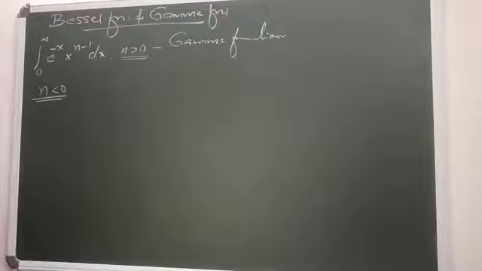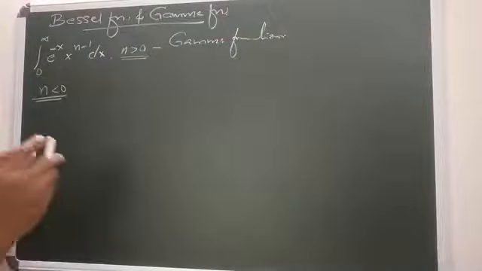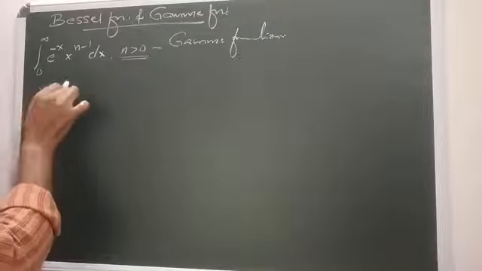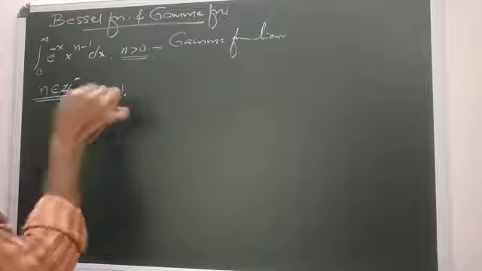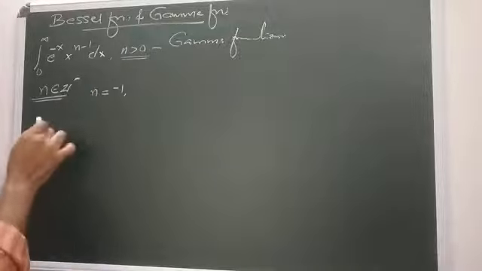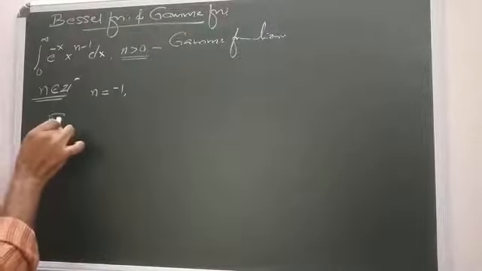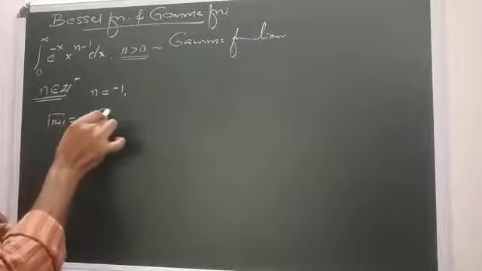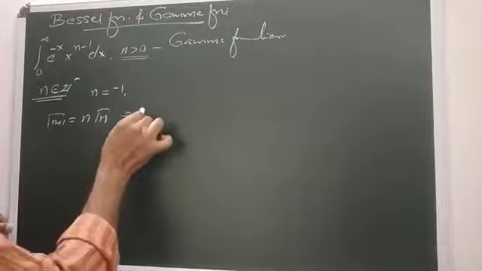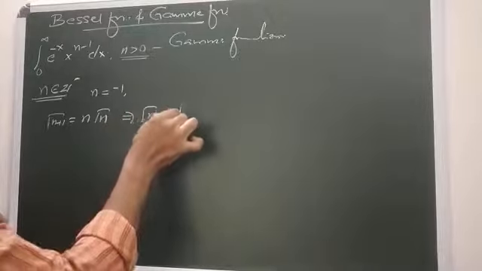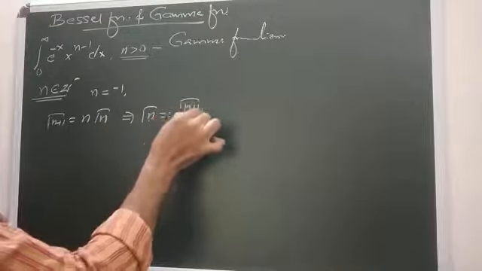Suppose n is a negative integer, say n equals minus 1. We know that gamma of n plus 1 equals n into gamma of n. So gamma of n equals gamma of n plus 1 divided by n.